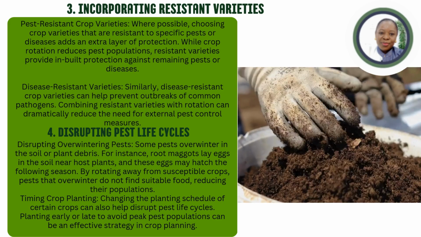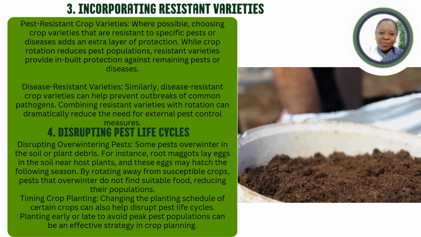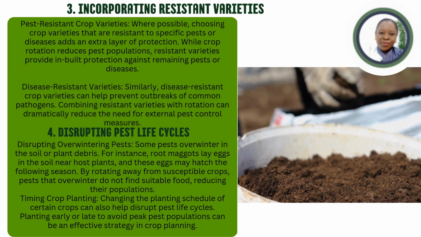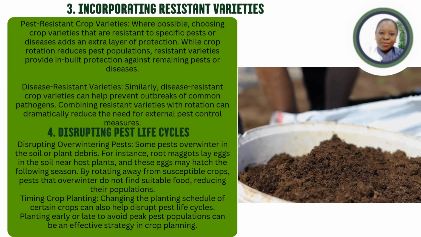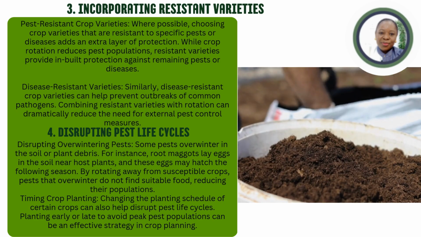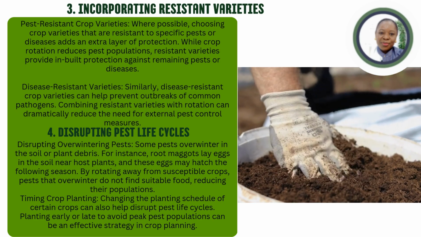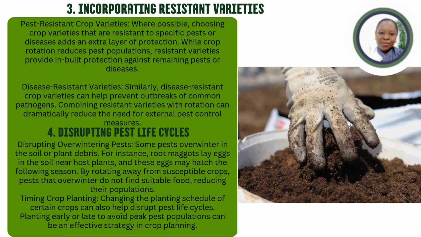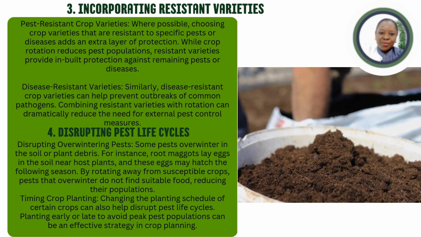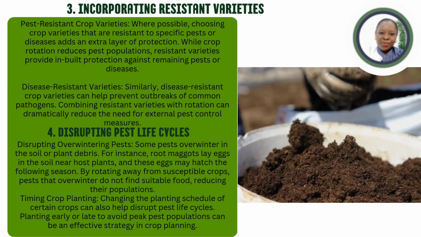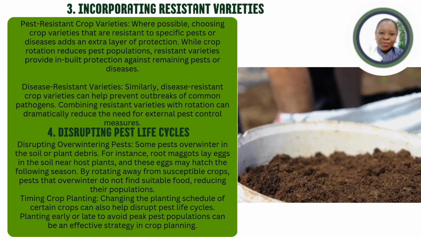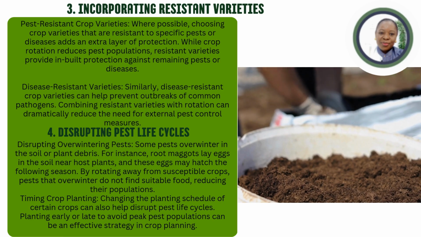4. Disrupting pest life cycles. Disrupting overwintering pests. Some pests overwinter in the soil or plant debris. For instance, root maggots lay eggs in the soil near host plants, and these eggs may hatch the following season.